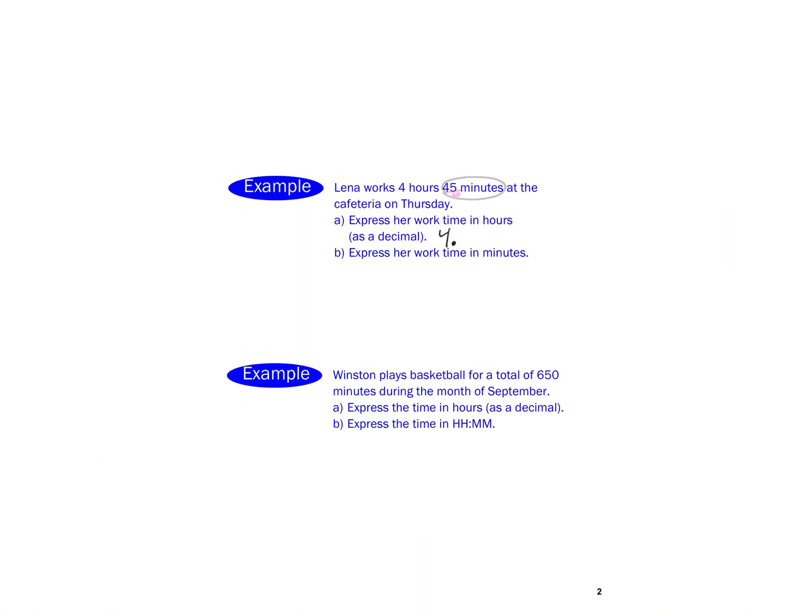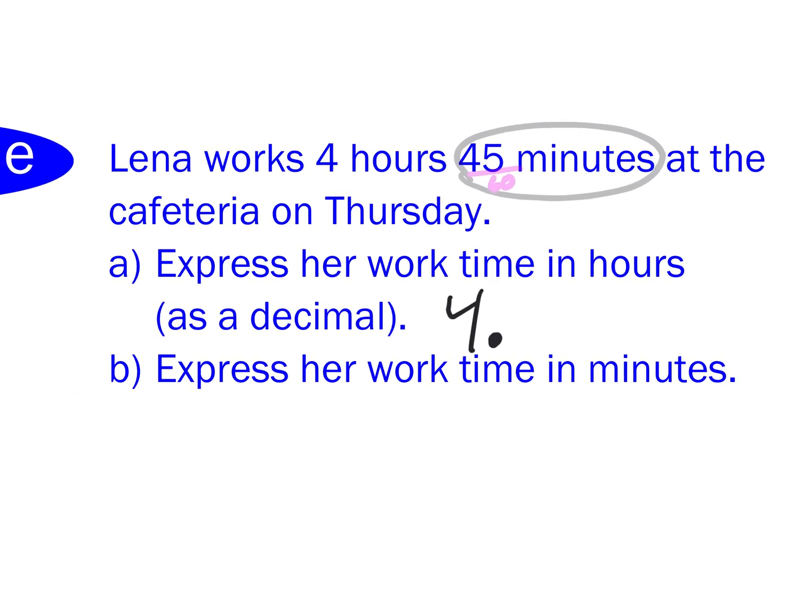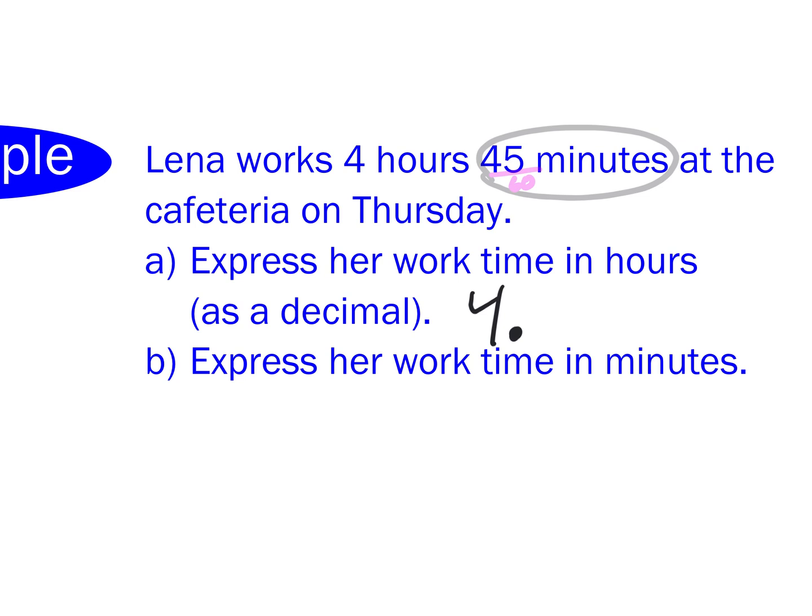And how many minutes are there in an hour? So you could take 45 and divide it by 60. What do you get when you do that? 0.75.